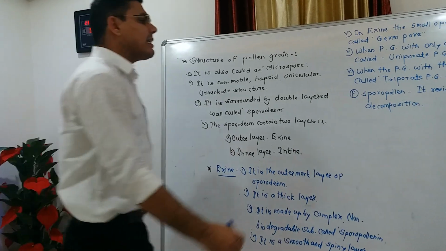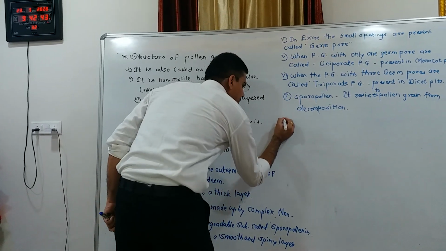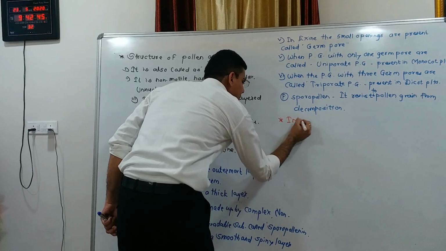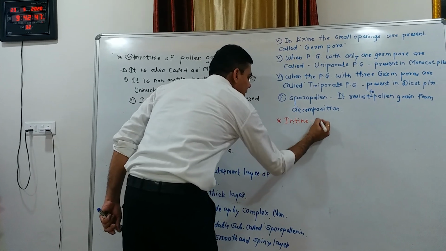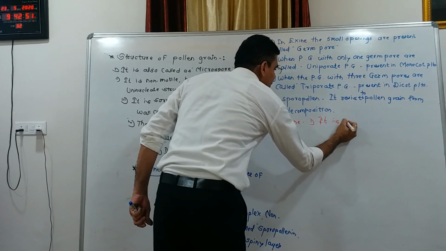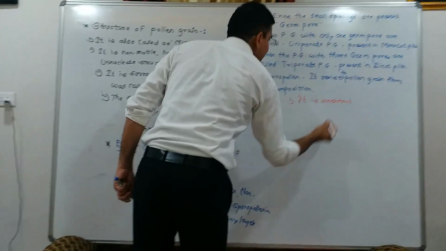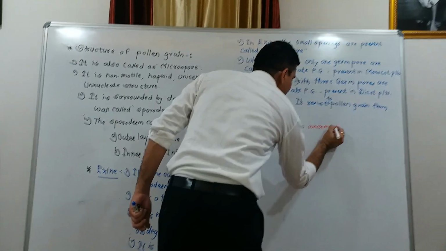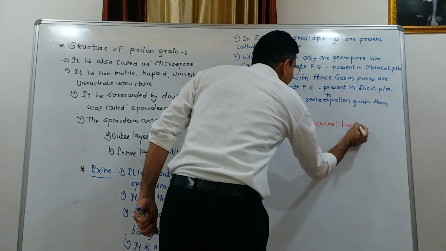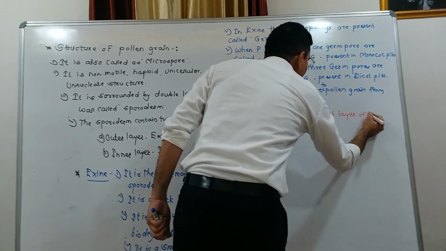So the next layer is intine. The second layer is intine. It is the innermost layer of sporoderm.